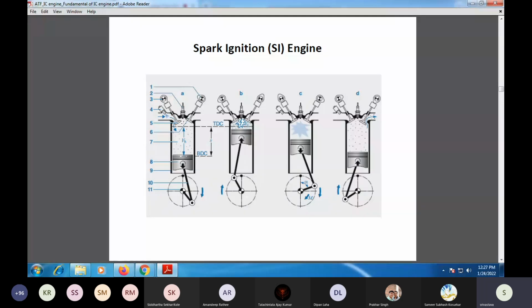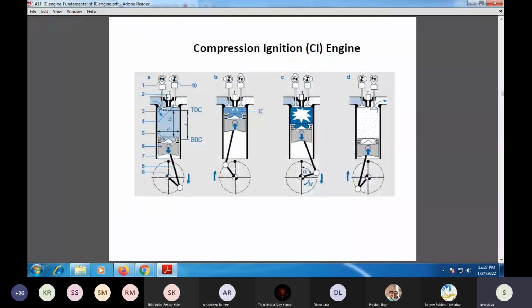But in the diesel engine, only air comes inside the combustion chamber during the intake stroke, and fuel is injected at the end of the compression stroke. It has almost no time, a very small time, to mix with each other.